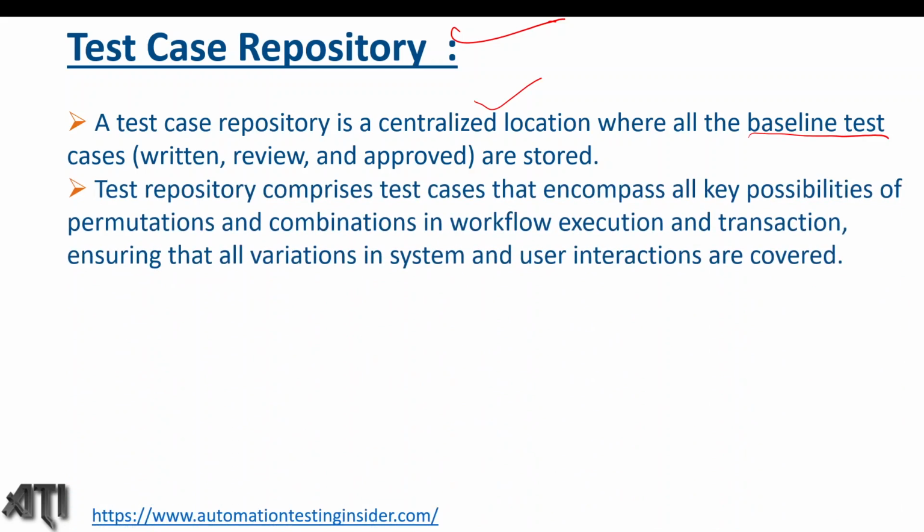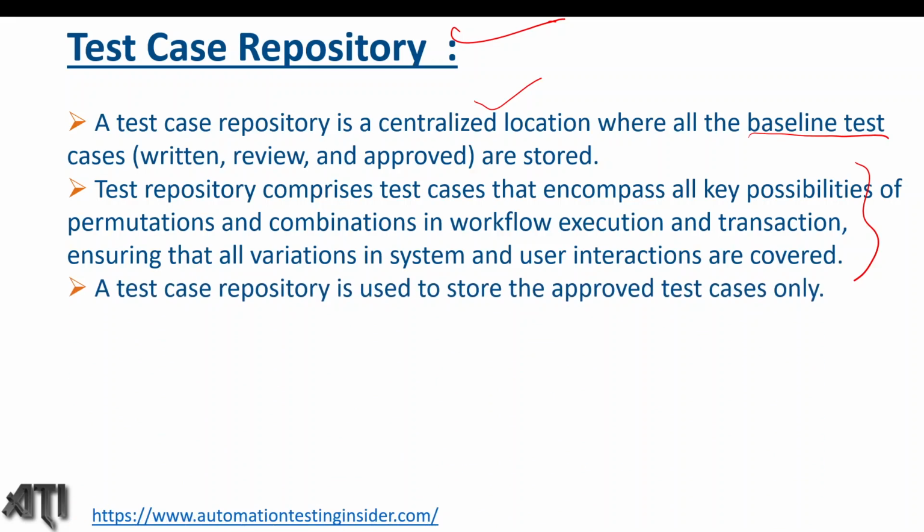Test repository comprises test cases that encompass all key possibilities of permutations and combinations in workflow, execution and transaction, ensuring that all variations in system and user interactions are covered. So basically, all the functionalities we have covered, whatever test cases we have written, should be placed in a repository called test case repository.